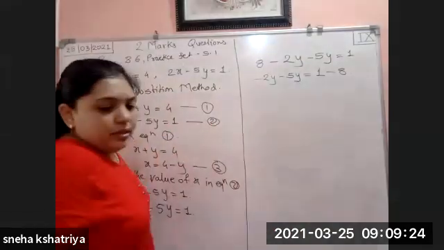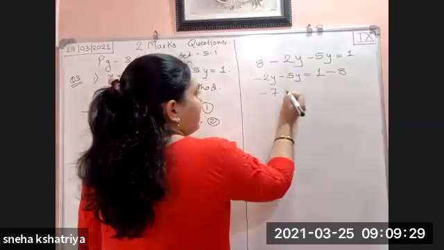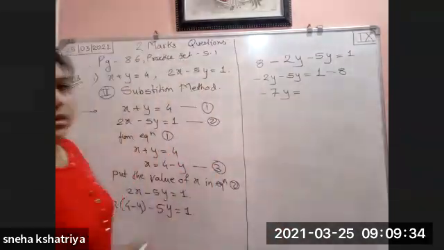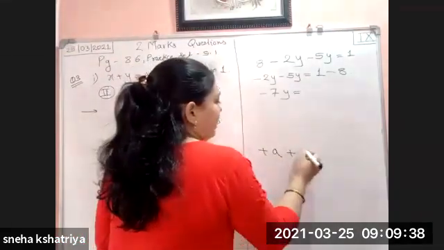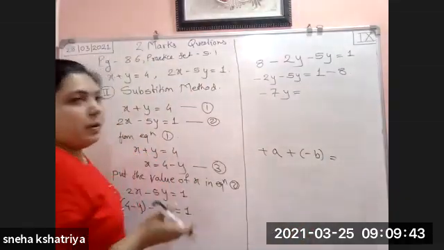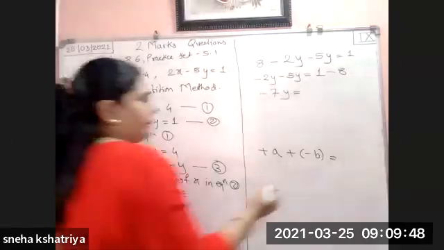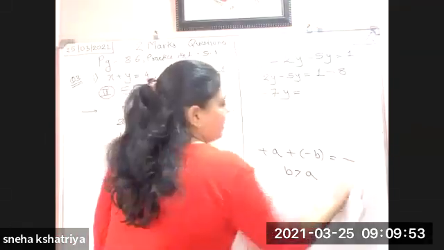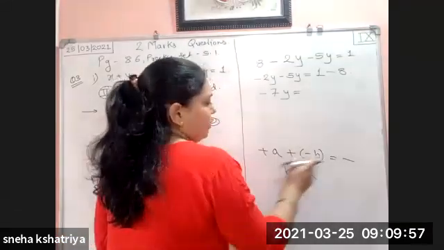Then this will become minus, 2 plus 5 will become 7, y as it is. Then 1 minus 8. Again, addition: if plus A is added with minus B, then according to whichever number is bigger, if B is greater than A, then the minus sign will come.